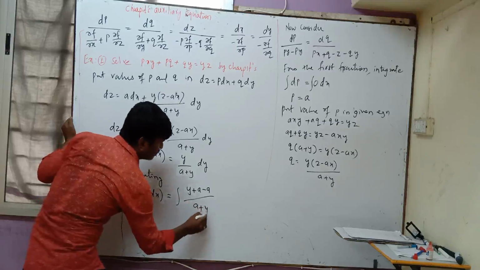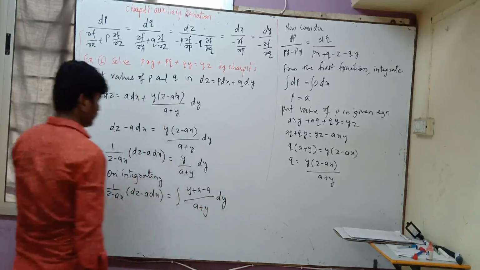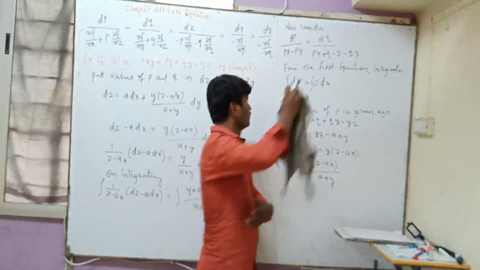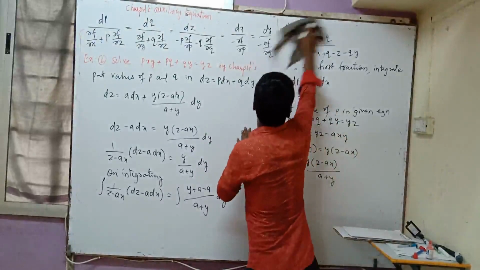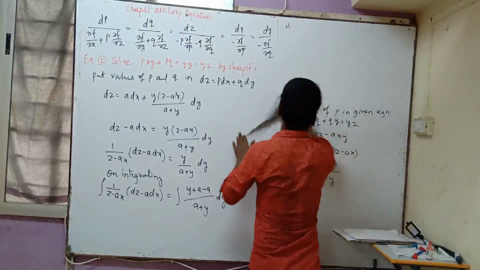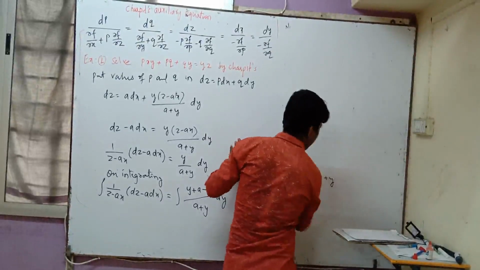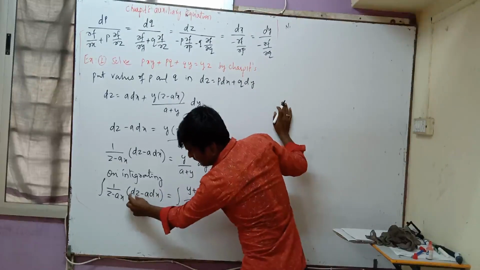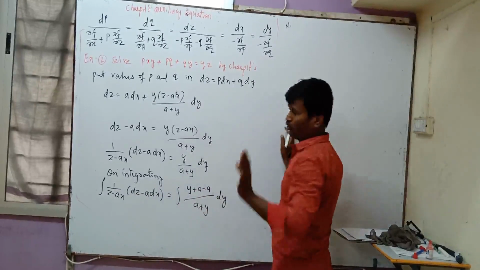Divided by a plus y into dy. So finally we have dz; observe here, up to here you have no doubt.